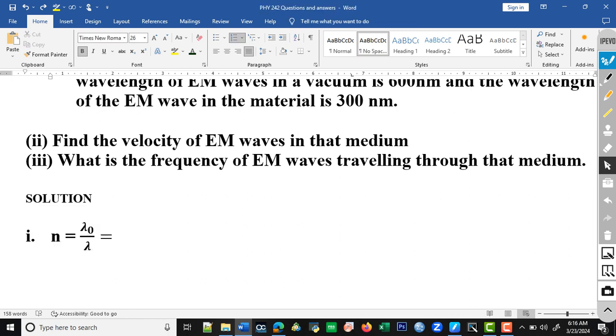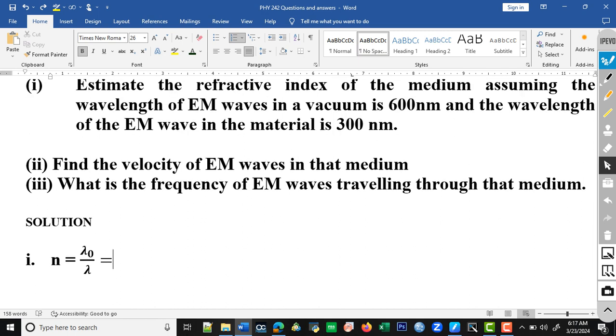If we use n, the refractive index, equals lambda naught over lambda, it will help us get the refractive index of that material. So we are going to substitute the value for lambda naught, 600 nanometer, and for lambda, 300 nanometer.